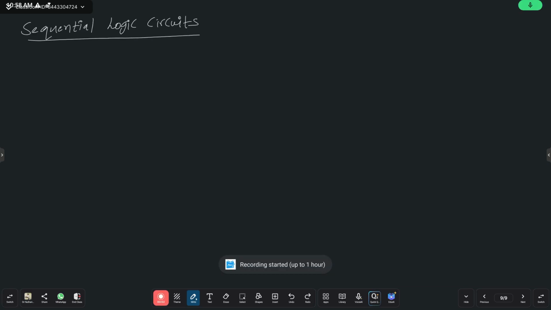Yeah, sequential logic circuit. In a combinational logic circuit, how we design the circuit, your outputs always depend on the combination of inputs.